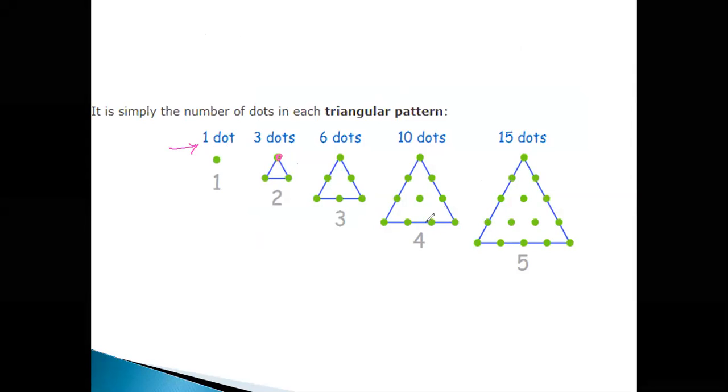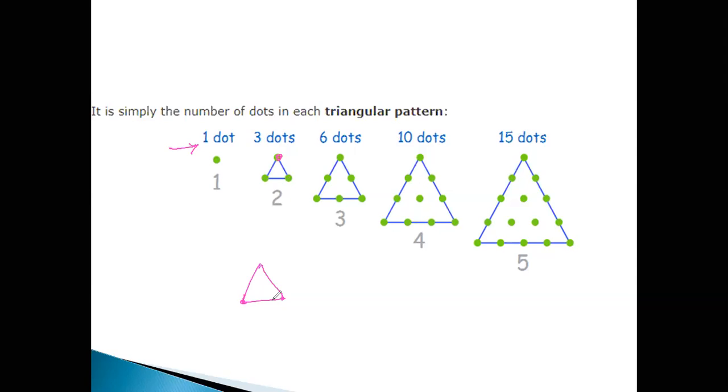So in a triangle, how many points or dots can be drawn? Are those the vertices? It's not the vertices.